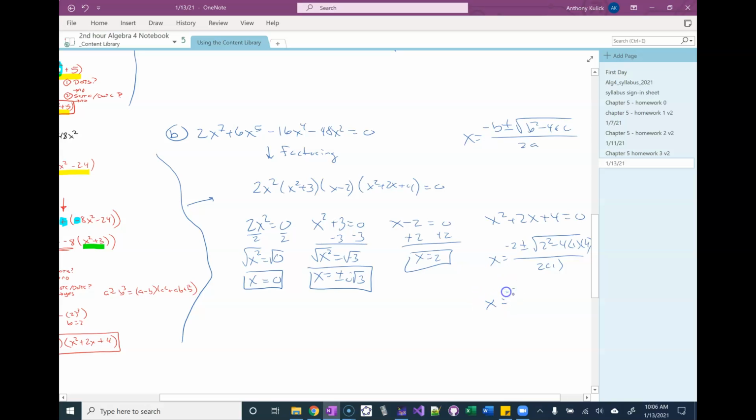Okay, so we have 4 minus 16 is negative 12.